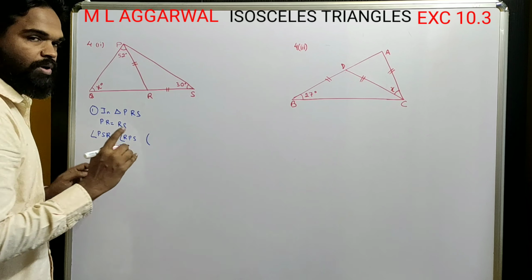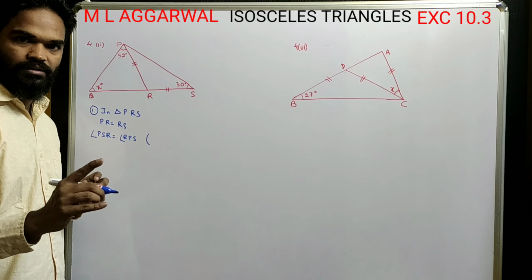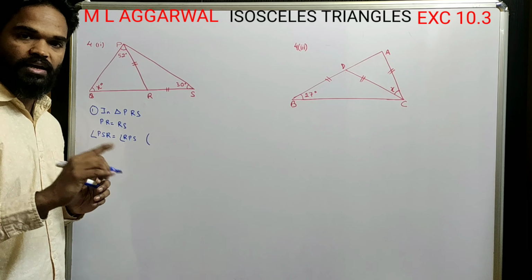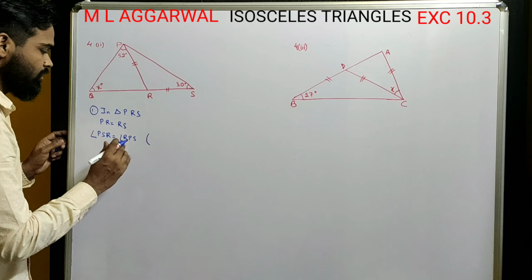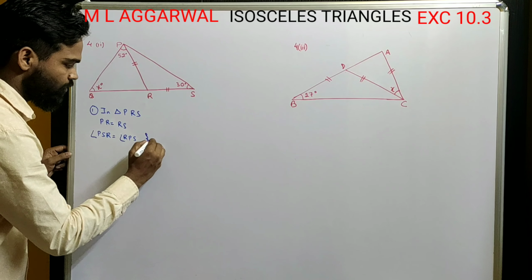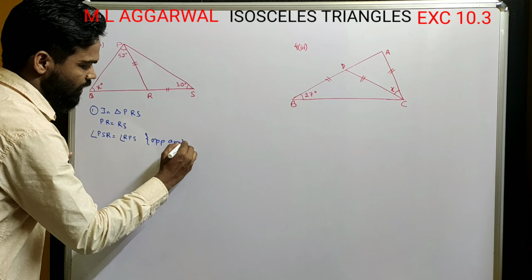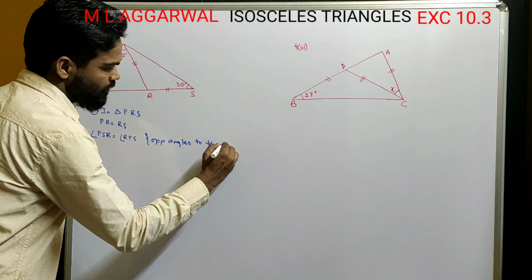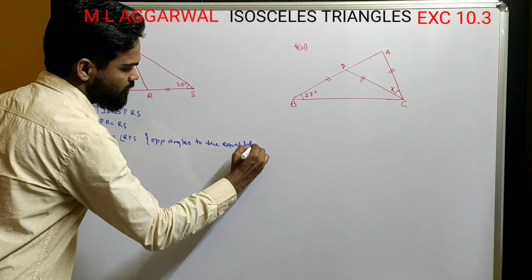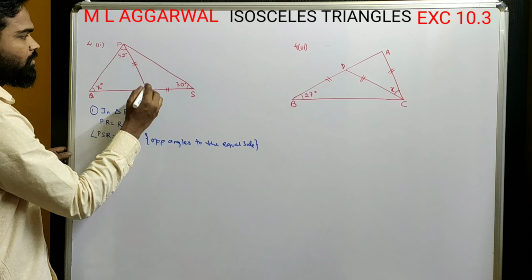Why? Because opposite angles to the equal sides in an isosceles triangle are equal. Okay?